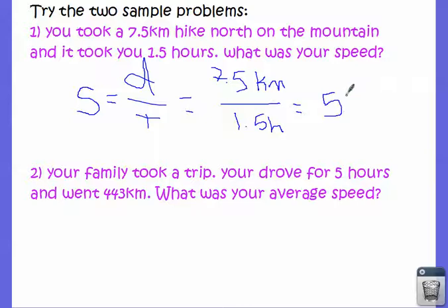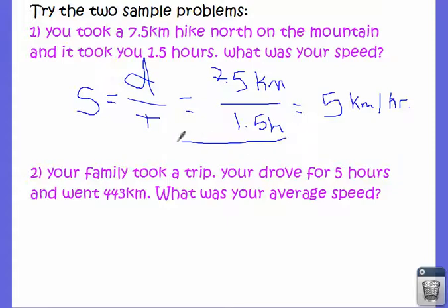And then you need to remember to put your unit here. So it's kilometers per hour is my unit. So I do kilometers per, it's the slash, and then hour is going to be our unit here. So that's how we would calculate the first one. Now, when we do equations this year, we're always going to be taking 3 points.